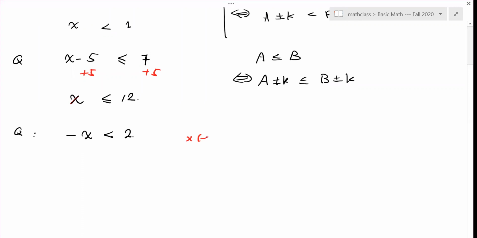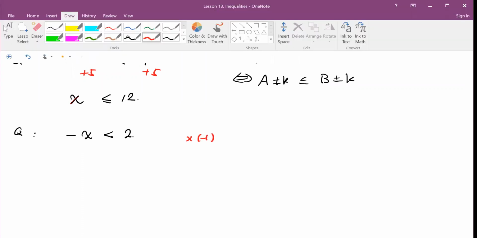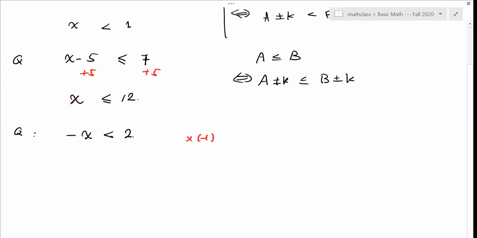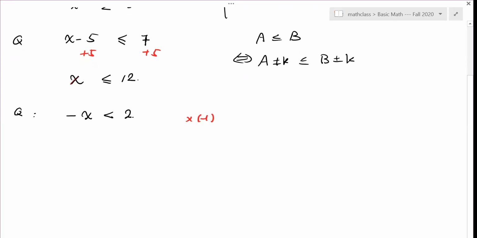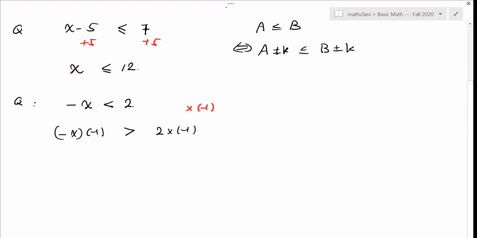Every term is multiplied by -1, right? So negative x times -1, and 2 times -1. Now the point is we have to change the inequality. When you multiply by a negative number, you have to reverse the direction of the inequality. So the left-hand side is x, greater than the right-hand side, -2. Yeah, x must be greater than -2.